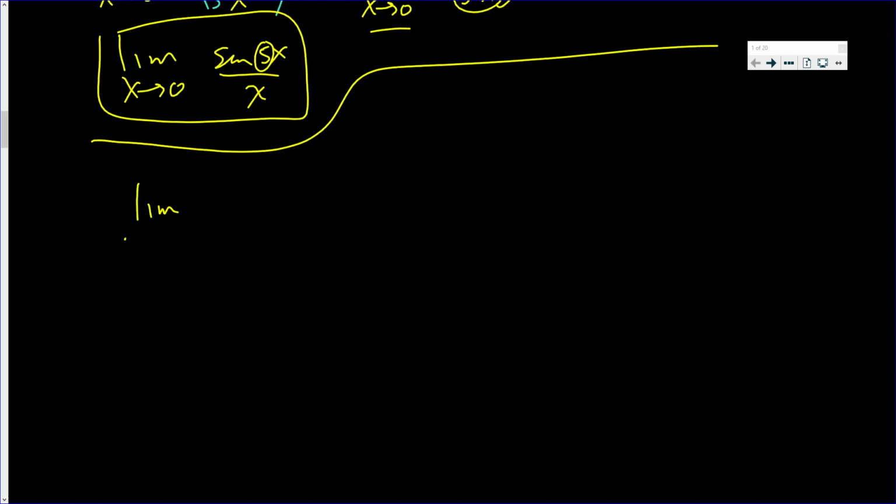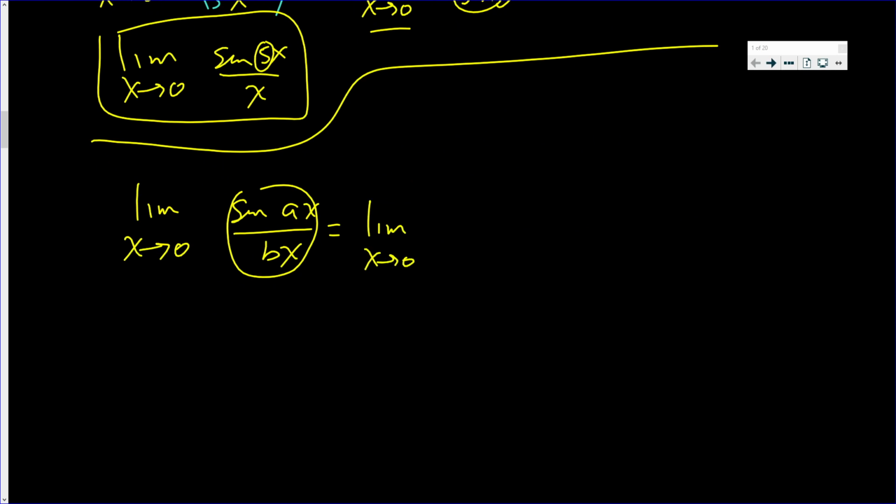Suppose you have the limit as x goes to 0 of the sine of a times x divided by b times x. The first thing I would do is get that b out of there. This is the limit as x goes to 0. I can factor the b out in front, but I won't. Times the sine of ax over x.